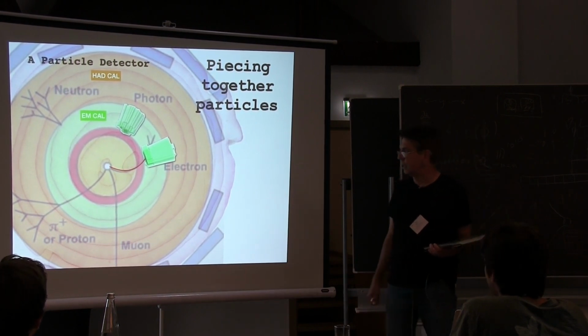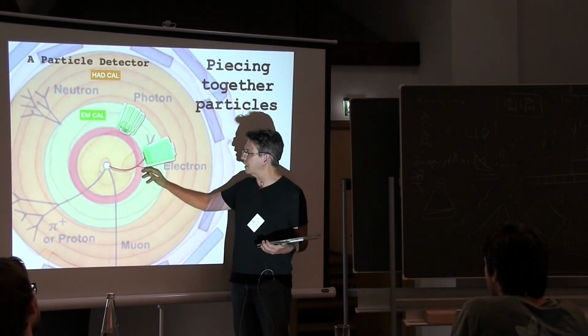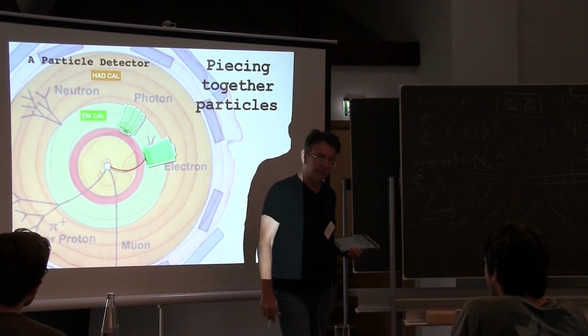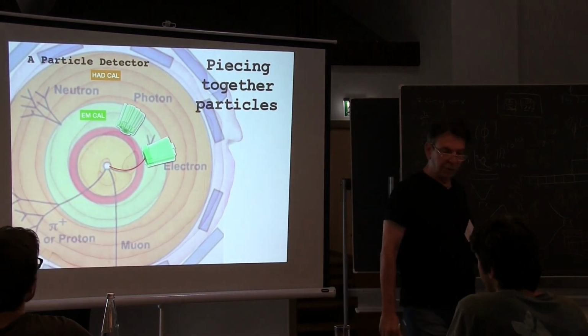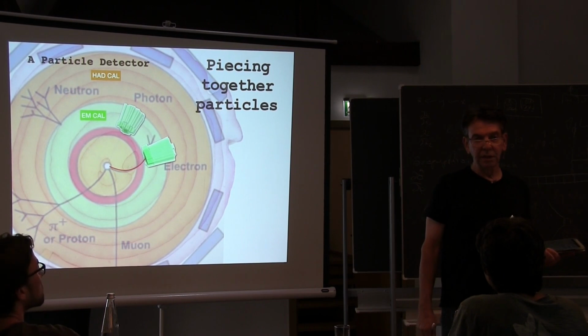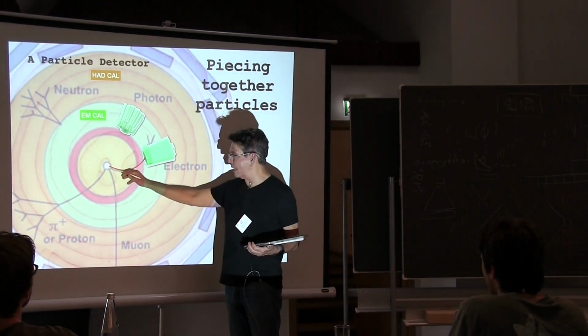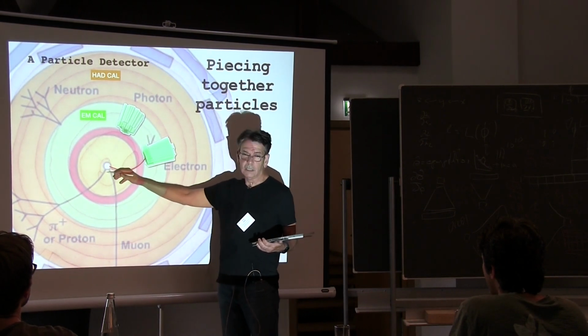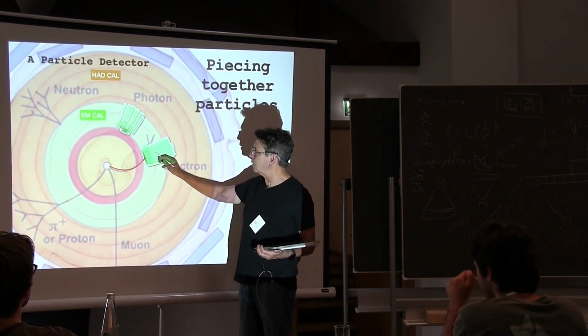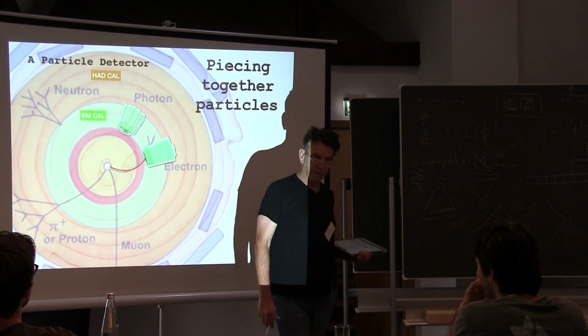It's very hard to tell an electron from a photon, except that the electron will leave a charged track, and that's how we can tell this is an electron. But you already see the problem. The electron will have a track which will bend according to its energy, but will also deposit energy here. So if we count the energy here and here, we do double counting.